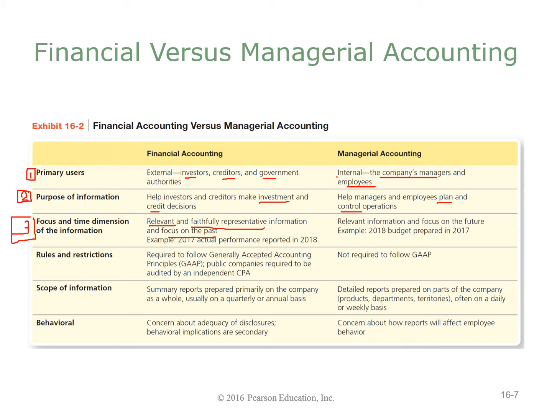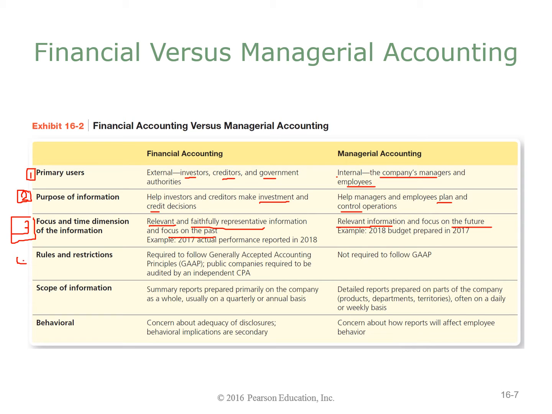On the other hand, in managerial accounting we focus on relevant information and on the future, because we concentrate on the budget, the plan for the future, and use these forecasts to evaluate the performance of the previous year.